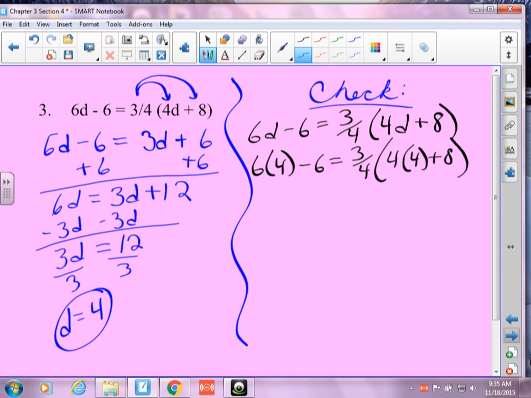Okay? Now what? Yeah. What's in the parentheses? Good. Again, one step at a time. Okay, still working in that parentheses.